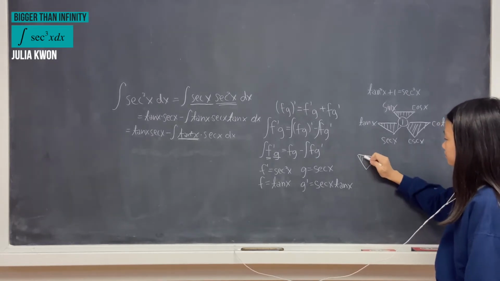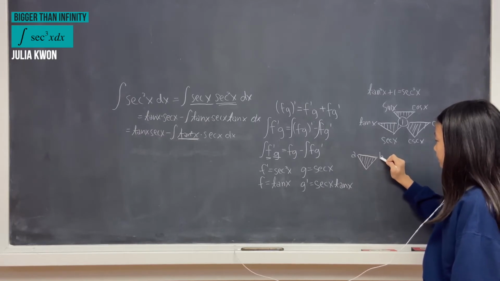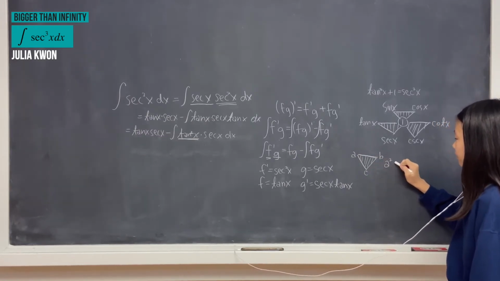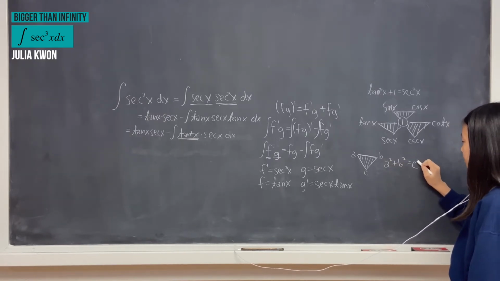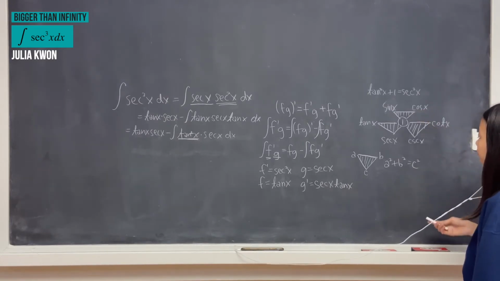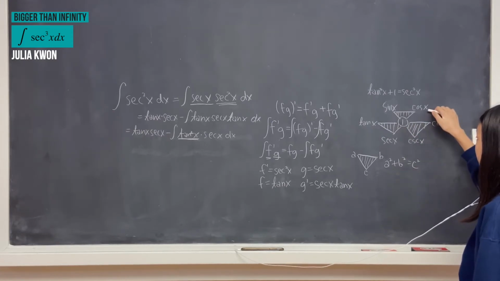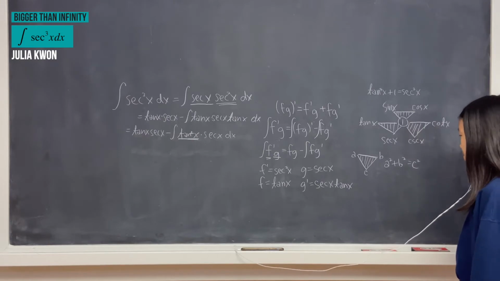So if we have A here, B here, and C here, then A squared plus B squared will always be equal to C squared. So like in this triangle, A is equal to sine x, B is equal to cosine x, and C is, of course, 1.